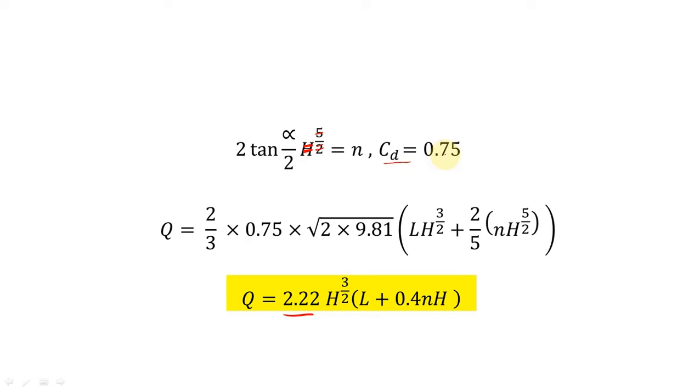Otherwise, instead of substituting the 0.75 value, you can just keep Cd. For now, just remember this one: 2.22 h^(3/2) (L plus 0.4 nH). Here n is 2 tan alpha by 2, and h is the depth of flow over the notch.